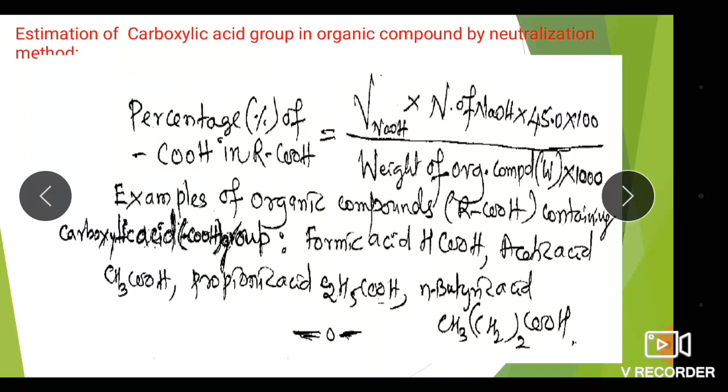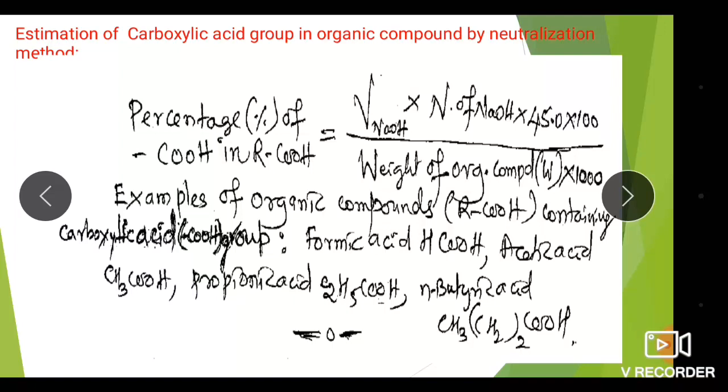That is, percentage of carboxylic group RCOOH is equal to the volume of NaOH required for the neutralization, that is the burette reading, into normality of NaOH into 45, that is the molecular weight of the carboxylic group, carbon 12, oxygen 32, so 44, plus hydrogen 1, is equal to 45, into 100, divided by the weight of organic compound, W gram, taken for the analysis, into 1000. So we'll get the amount of carboxylic acid.